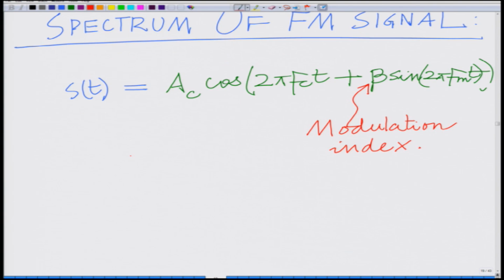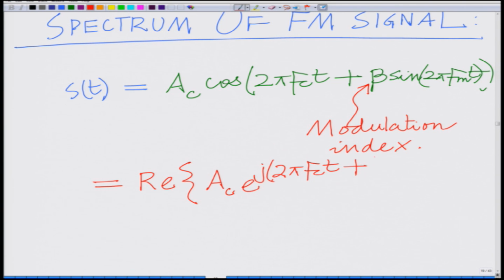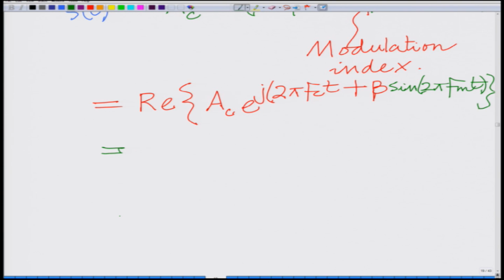Now, what I am going to do? I am going to write this as the real part of Ac e to the power of j 2 pi fc t times beta sine 2 pi fm t.